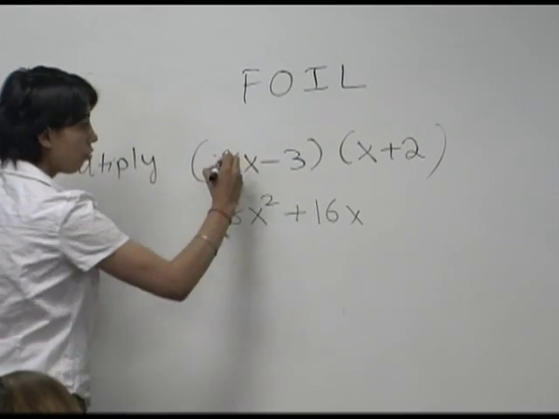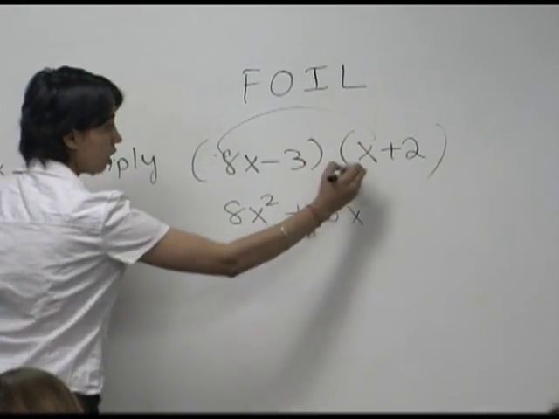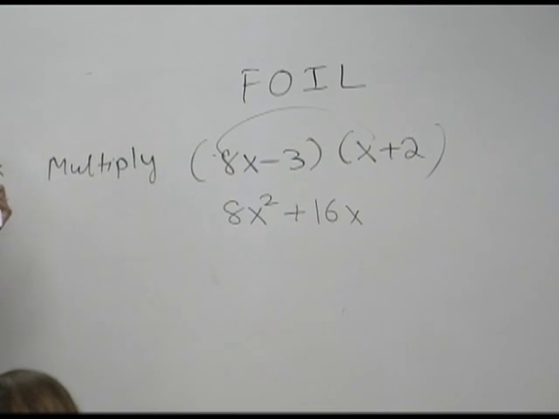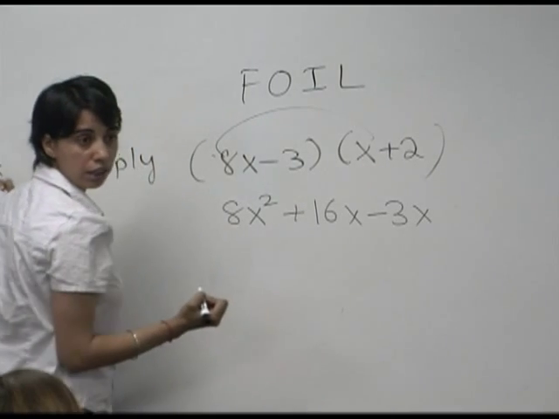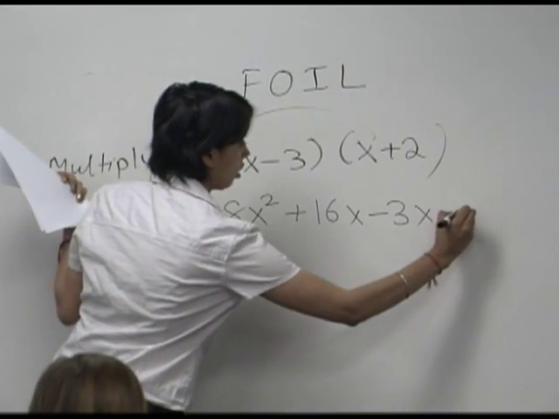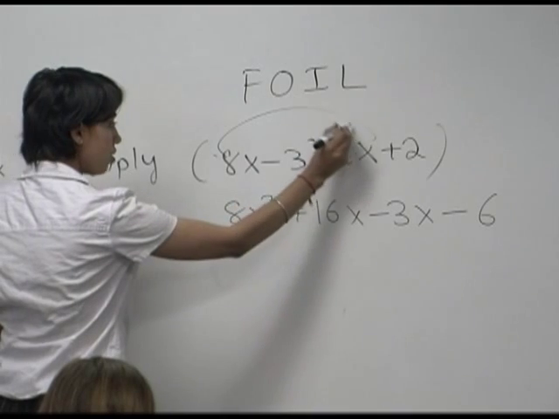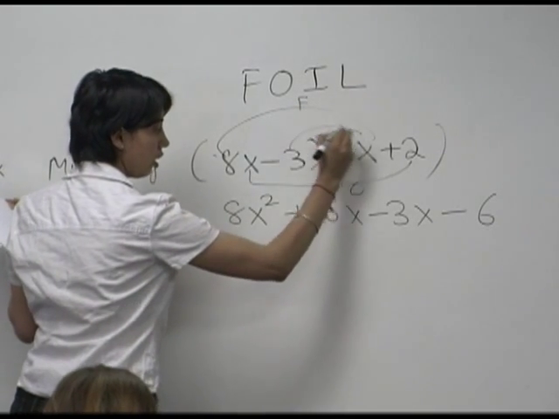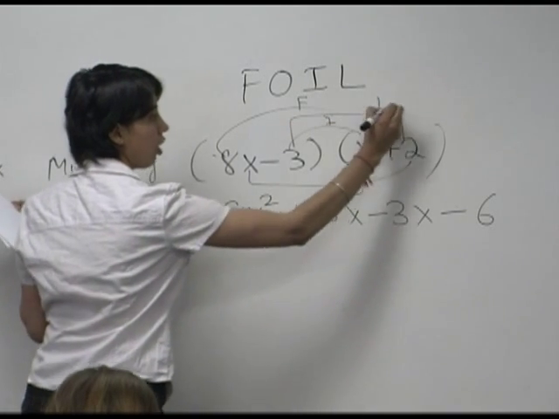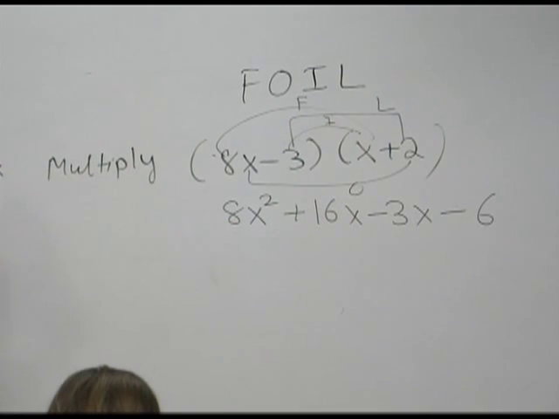First, outer, inner. If I multiply inner, what do I get? Negative 3x. Last, if I multiply the last, negative 6. So first, outer, inner and last.